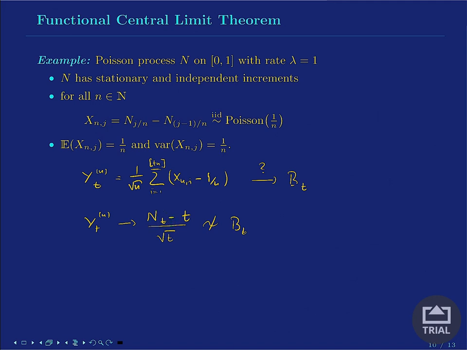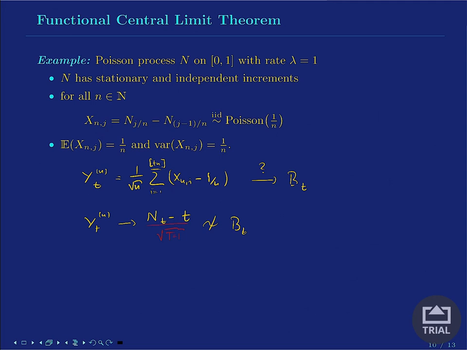And this actually here should have been, just to mark it, this would be the scaling over the whole interval, but that was length 1 for our Poisson process here on that interval. So that was a mistake.